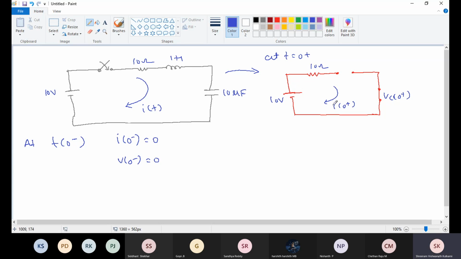Now the current through this circuit, I of 0 plus, how much? So 1 ampere. See, there is no closed path. Inductor is open at t equal to 0 plus. Current will flow.